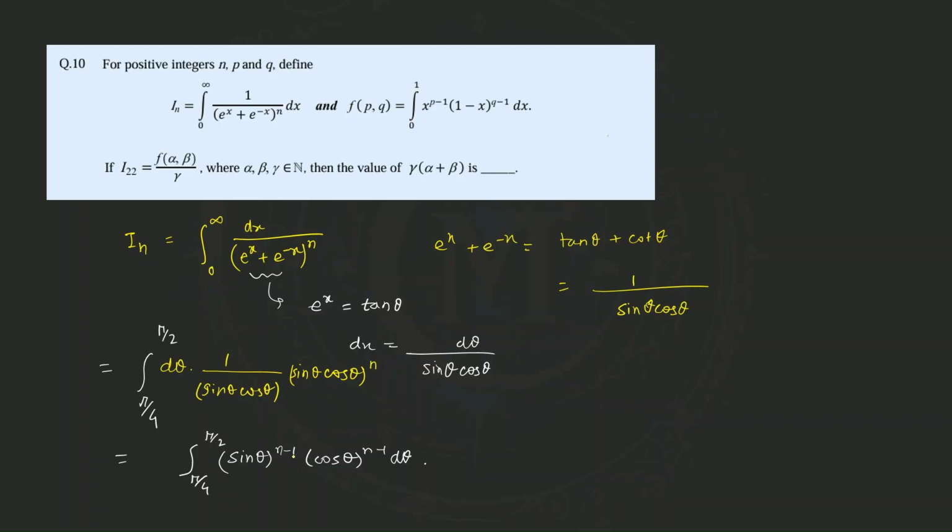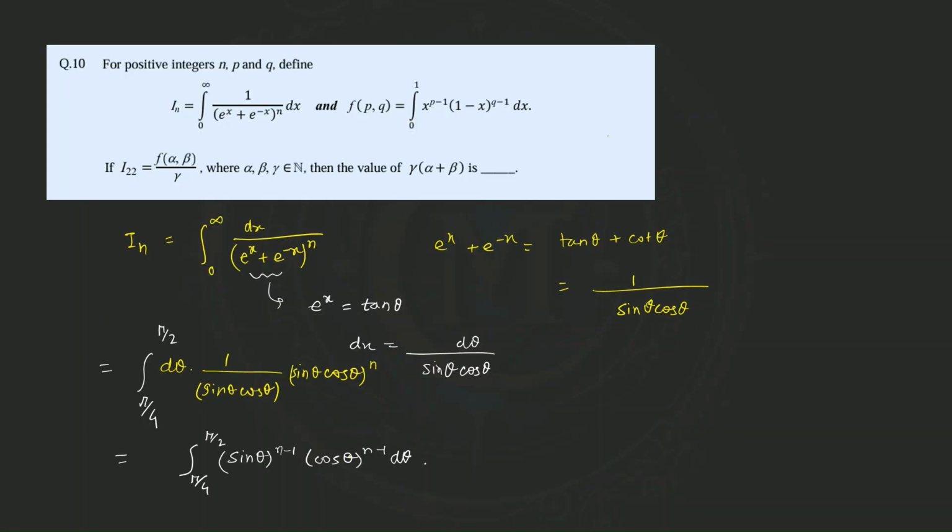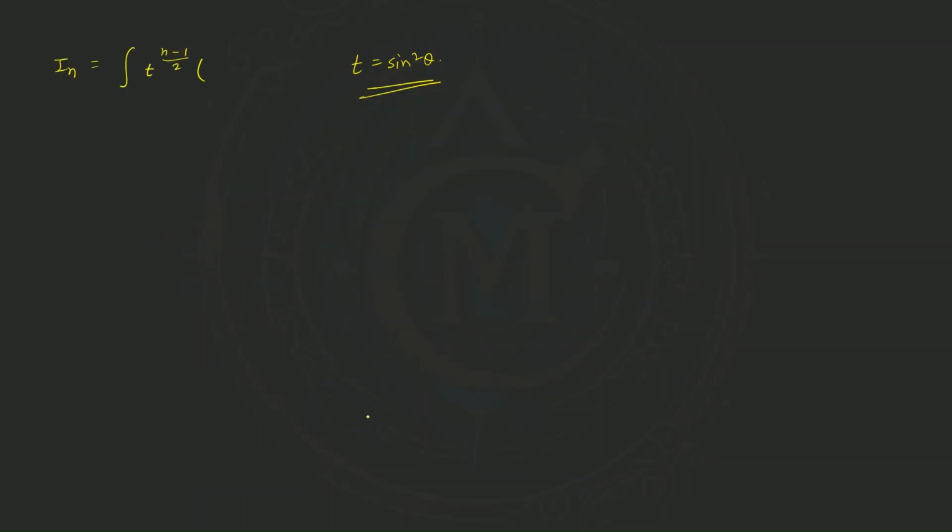Let t equal to sine square theta, and this n minus 1 will change to (n minus 1) by 2, because here it will be sine square theta. So it will be t to the power (n minus 1) by 2, times cos square theta to the power (n minus 1) by 2, and cos square theta we can write as 1 minus sine square theta, which is 1 minus t.